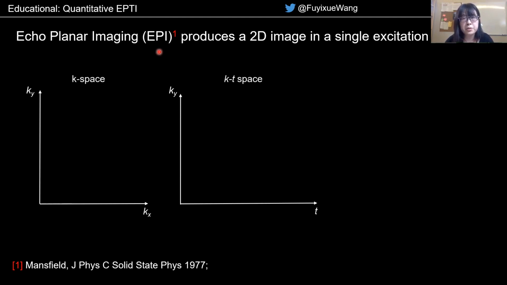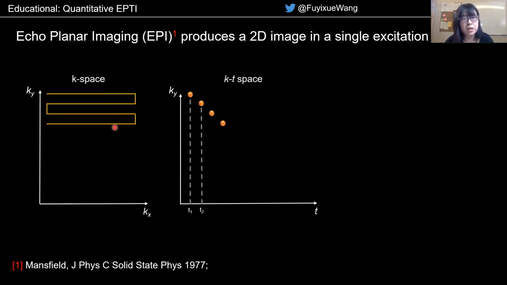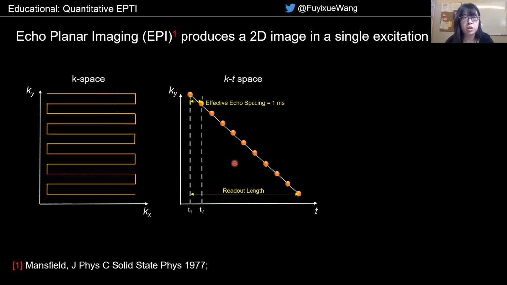EPI is a widely used acquisition method that can produce a 2D image in a single excitation. And during EPI acquisition, the different phase encoding lines are acquired at different time points, spaced at a time interval of around 1 millisecond of an echo spacing. And so the EPI acquisition shows as a diagonal line in the phase encoding and time domain.